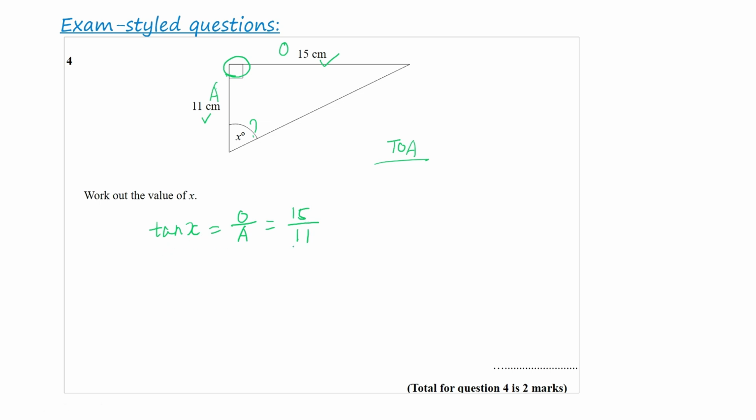We know the tan value and we need to find x, so we need to do the inverse. x equals arctan of 15 divided by 11. And then now you can use your calculator to work this out.